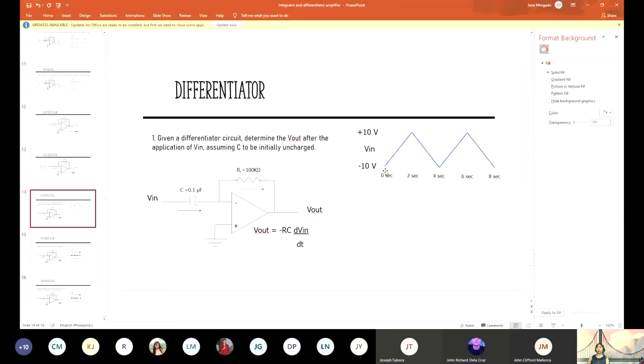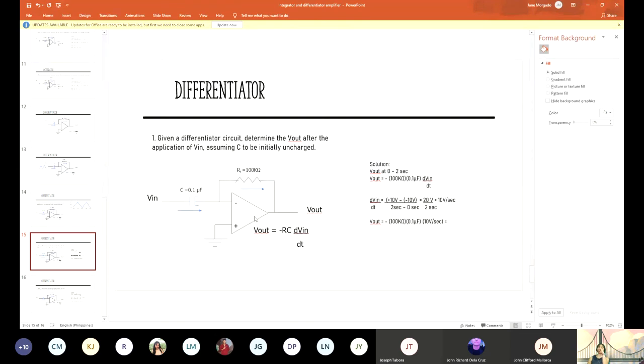It ramps up, positive slope, 0 to 2 seconds, from negative 10 to positive 10, 2 to 4 seconds, positive 10 to negative 10. So you have a period of 4 seconds. Solve and sketch V out, assuming C to be initially uncharged.